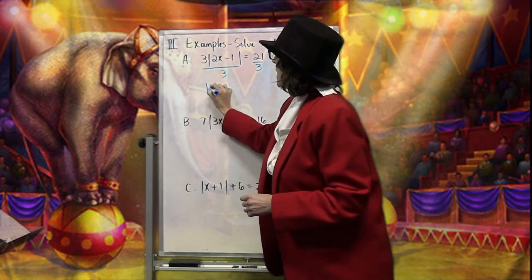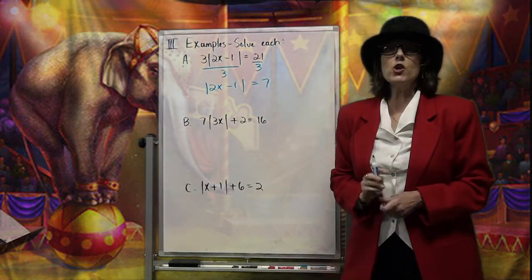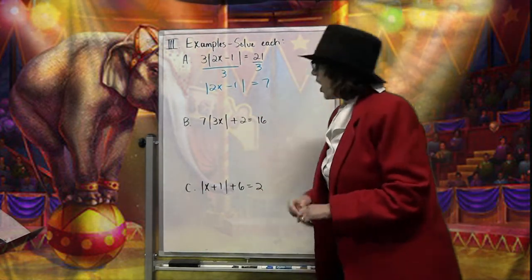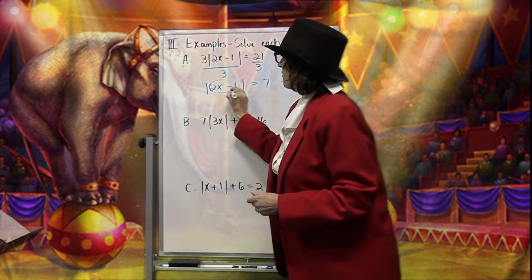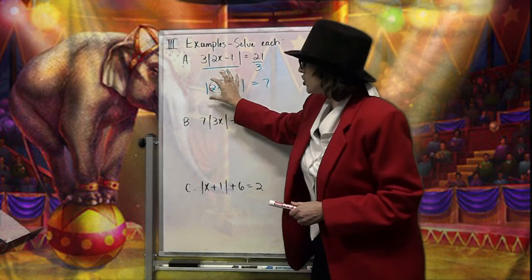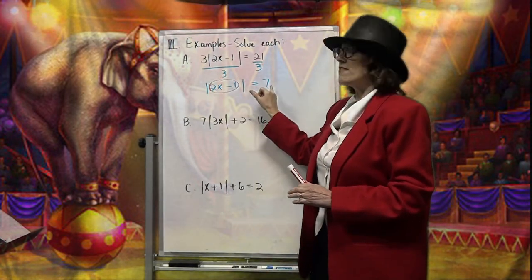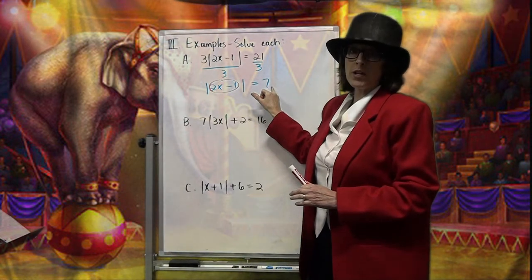That will give me the absolute value by itself. And so now I can say, okay, all of this stuff that's inside that absolute value symbol, whatever that stuff is, it's going to have a distance of 7 from 0 on the number line.